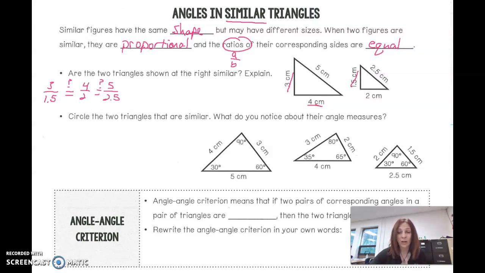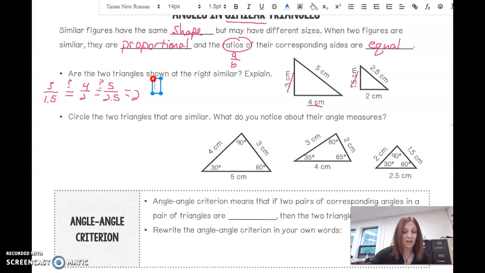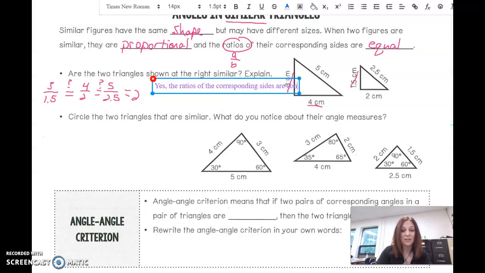Well, 3 divided by 1.5 is 2. 4 divided by 2 is 2. 5 divided by 2.5 is 2. They all equal 2. So are they similar? We would say yes. The ratios of the corresponding sides are congruent, and I'll move this in a second so you can see it, and proportional.